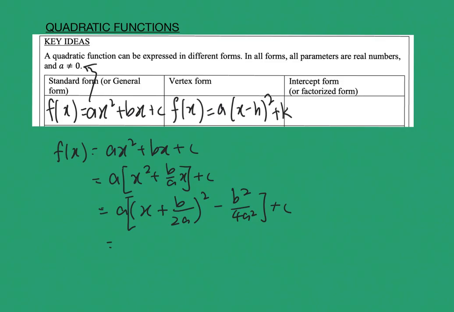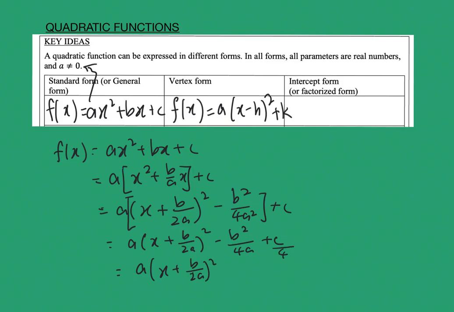And then I multiply a to every term here. So a times x plus b over 2a squared, minus b squared over 4a, plus c. Okay, and then from here I can combine the two constant terms.